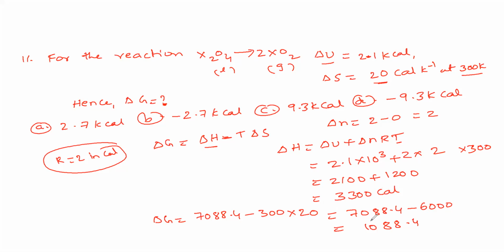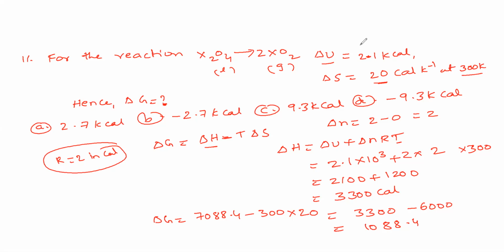So delta H is 3300 and T delta S is 20 into 300, which is 6000. So 3300 minus 6000, that is 6000 minus 3300, is nothing but 2700.